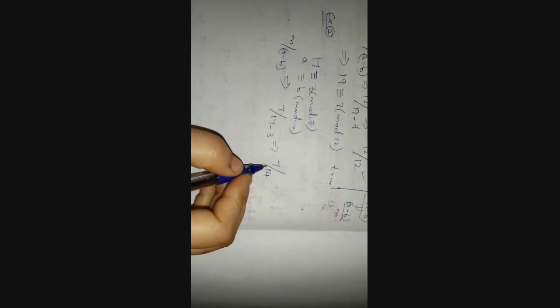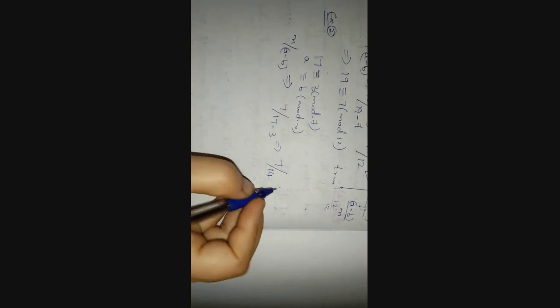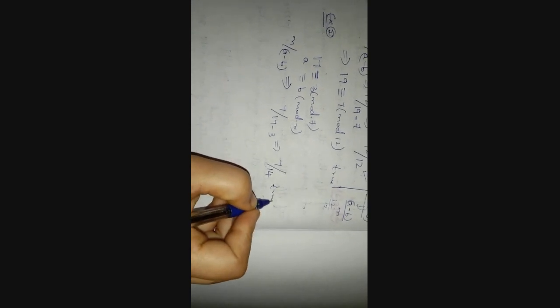So 17 minus 3 is 14, and 7 divides 14. This is true, which implies 17 is congruent to 3 mod 7 is true.